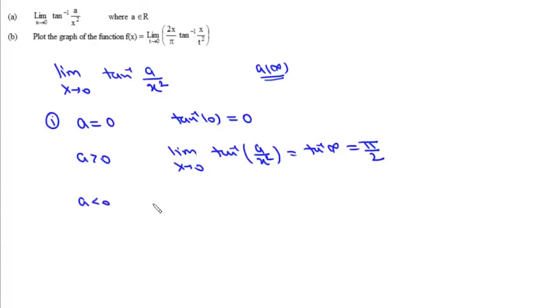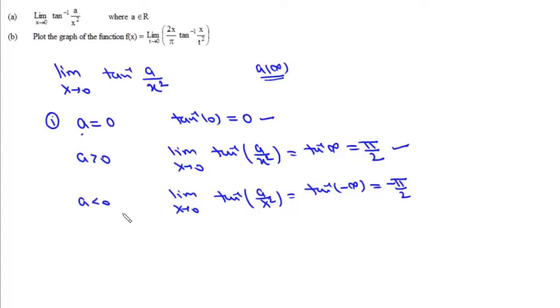And if a is less than 0, then this limit will be tan inverse of minus infinite, which is minus pi by 2. So this limit will have three values depending on the value of a. If a is 0, then it will be 0. If a is positive, then it will be pi by 2. And if a is negative, then it will be minus pi by 2.